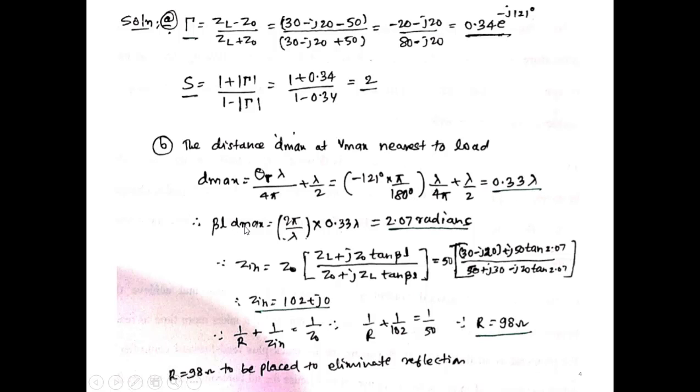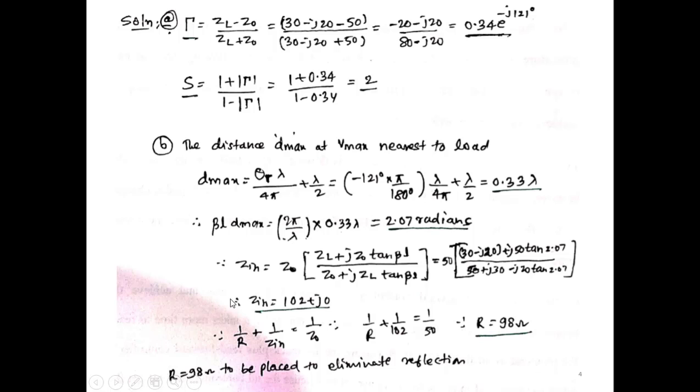Next, beta L, the maximum is given by 2 pi by lambda. The beta is 2 pi by lambda, and this L D maximum is 0.33 lambda. If you substitute here and lambda cancels out, so 2 pi into 0.33 is equal to 2.07 radians.